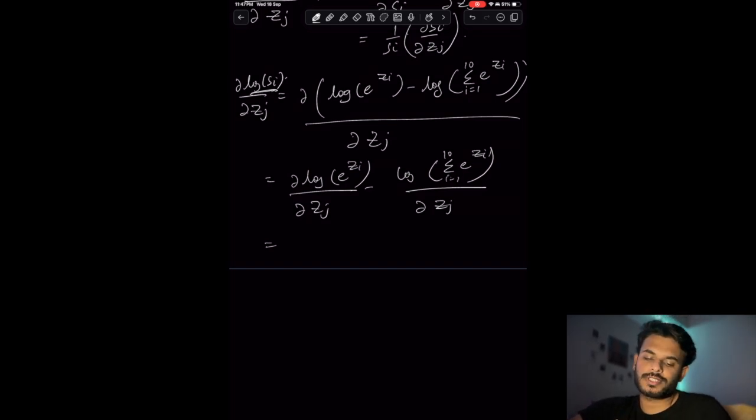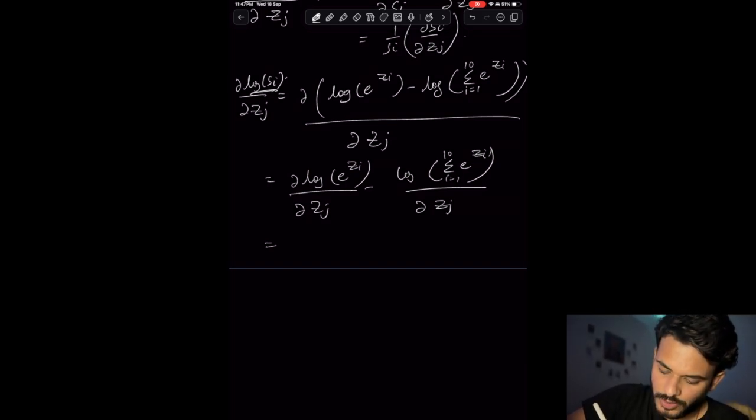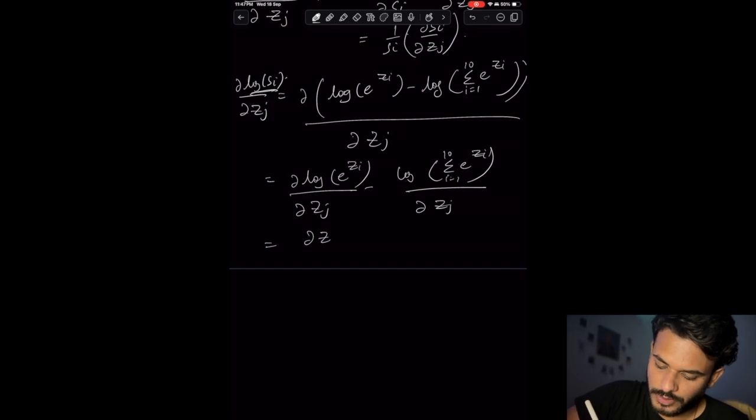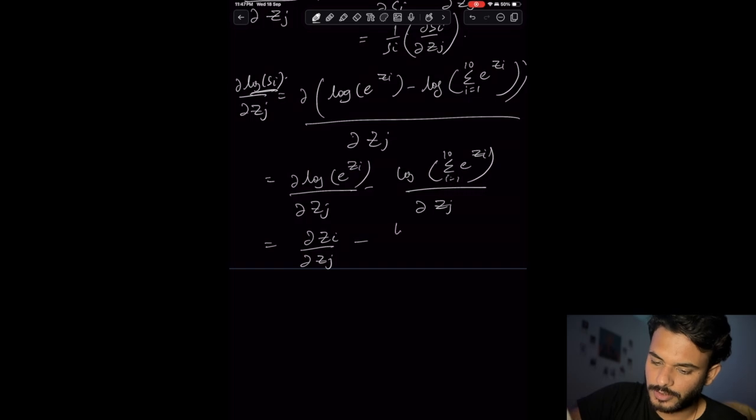Log of e raised power zi is simply zi. So this is the differentiation of zi with respect to zj, and this other term we'll figure out a bit later.